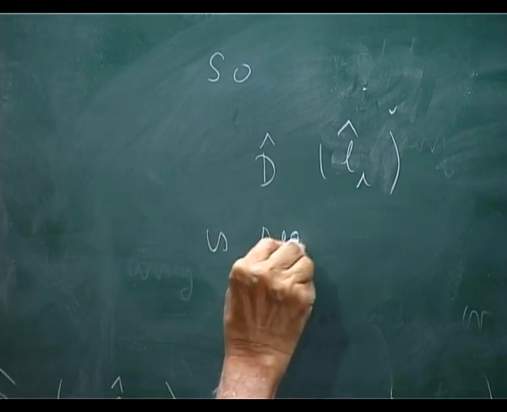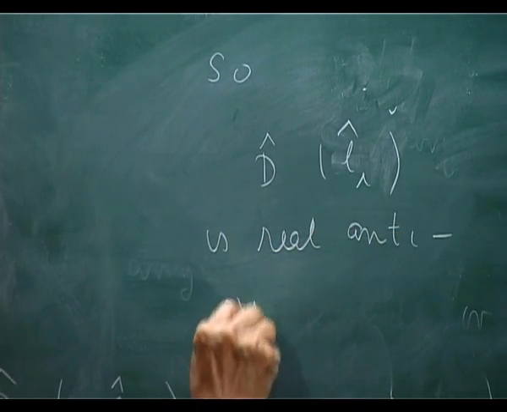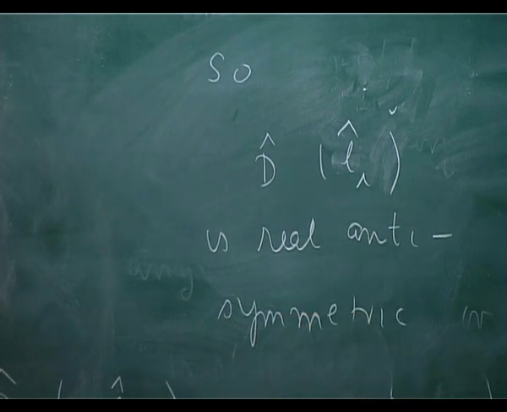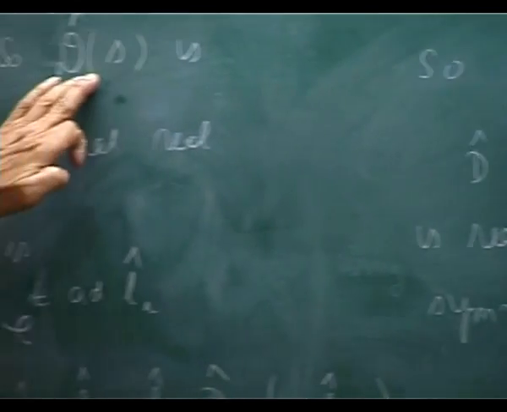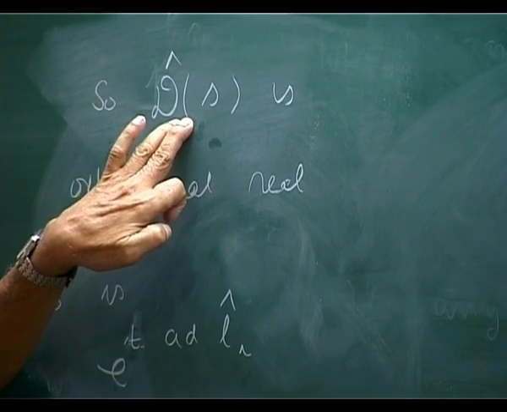Real antisymmetric. Let me check again. I got this matrix, this is an element of the group. This is a real orthogonal.